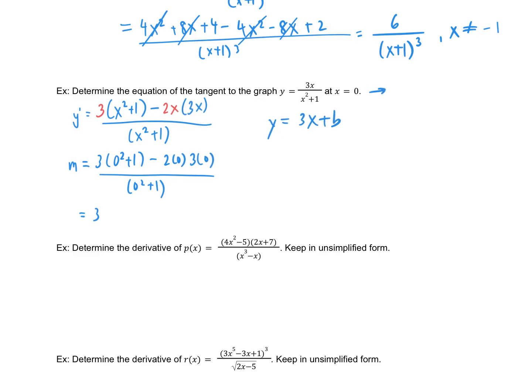I'll find the coordinate itself as well. When I set x equal to 0, the numerator will be 0, the denominator will be 1. So the coordinate is just 0, 0, which means that is the y-intercept. So the equation is just y equals 3x. There we go. Typical question, but now with the quotient rule tweak.